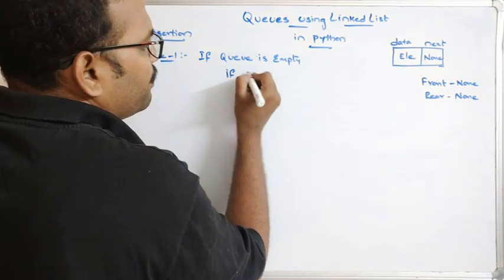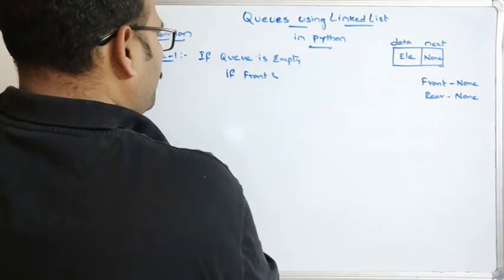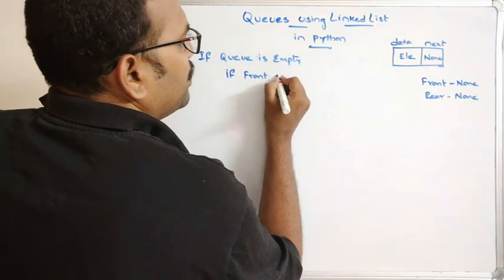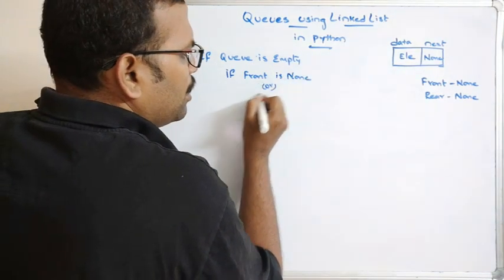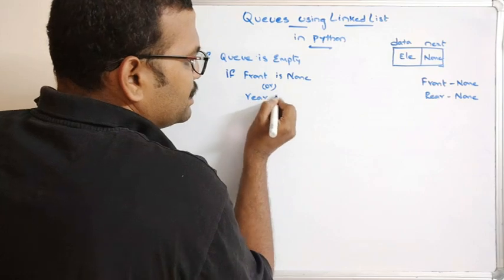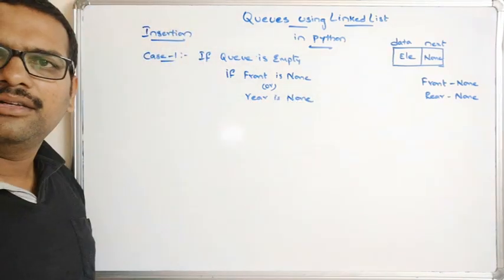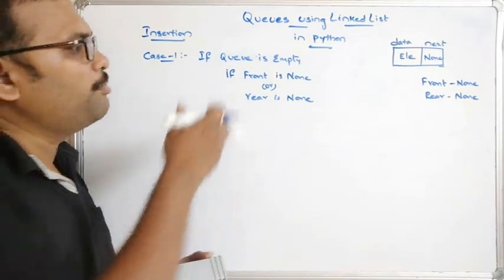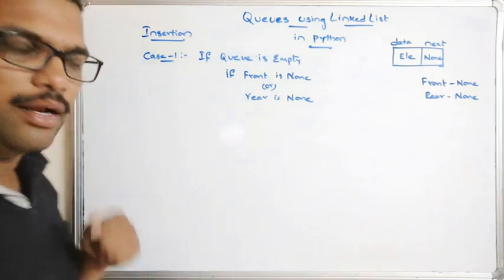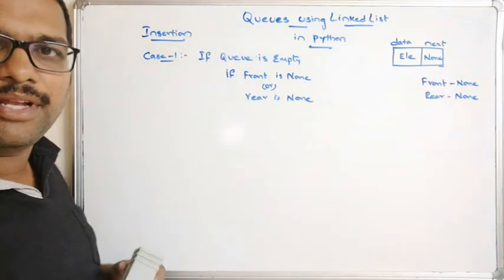If front is none or rear is none, any one of these is true, that implies the queue is empty. If there are no elements, both front and rear will be initialized to none.